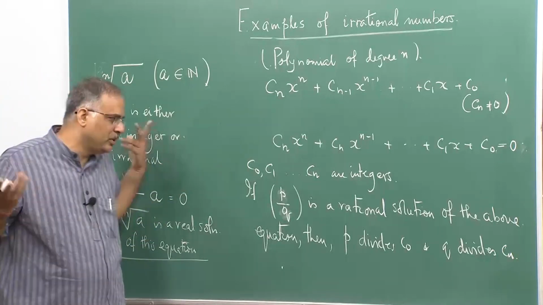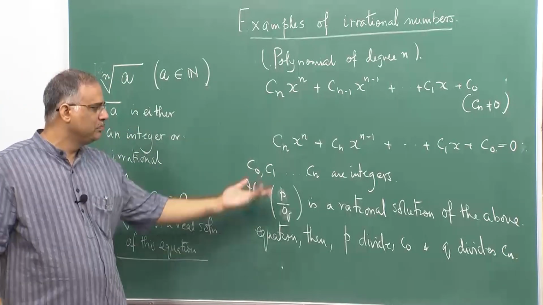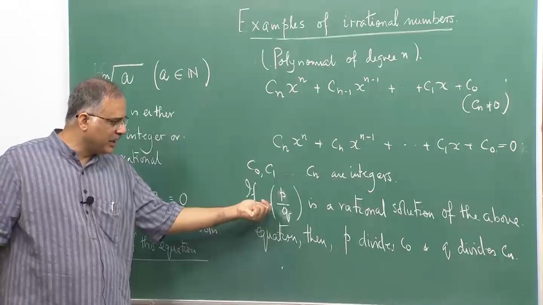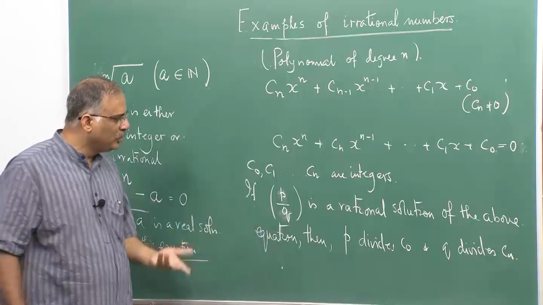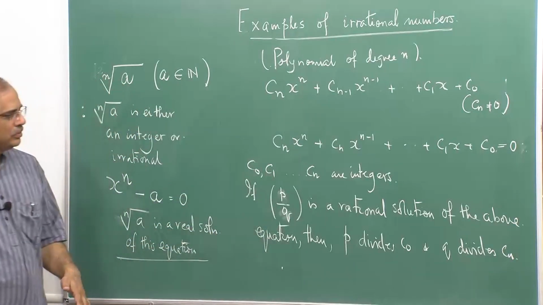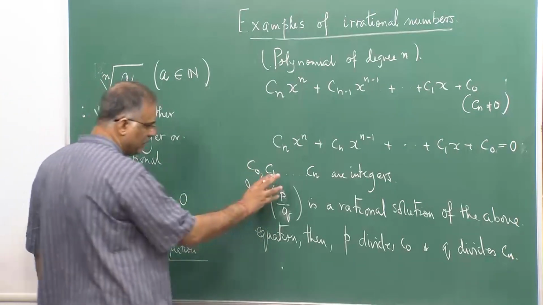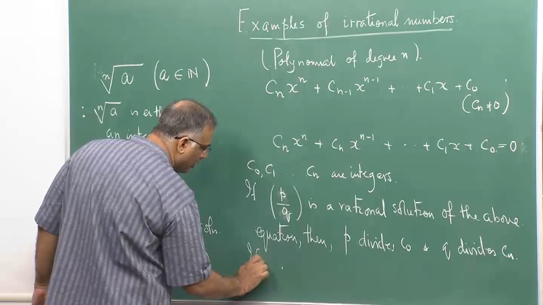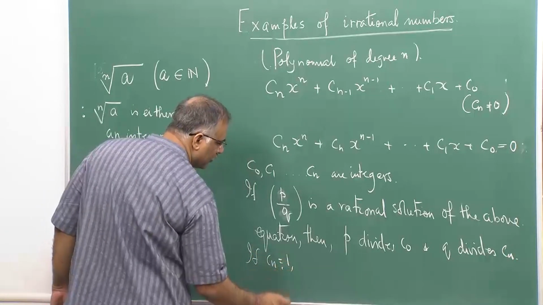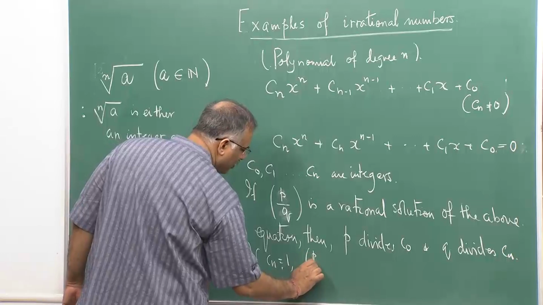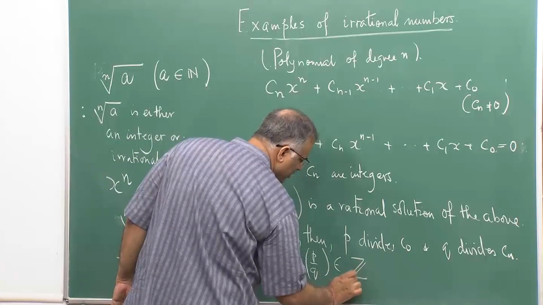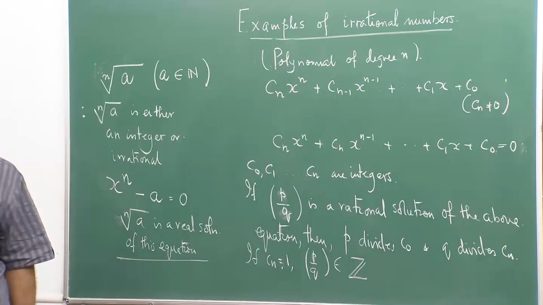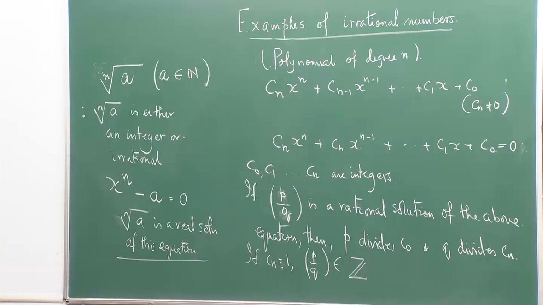Subsuming the sign of Q in P, you will have P by 1, and so this is an integer. So, if Cn is equal to 1, P by Q is an element of the set of integers. So, this is a very important result.